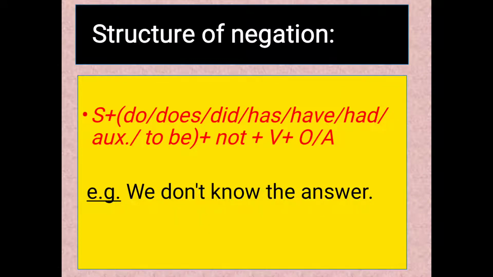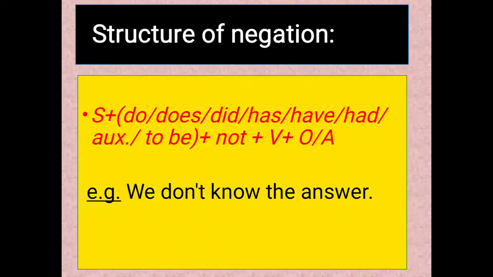Let's learn the structure of negation, or the structure of a negative sentence. Here it is: subject, and after the subject, do, does, did. It depends on the tense of the given sentence. If the given sentence is in present tense, we are going to use do or does.